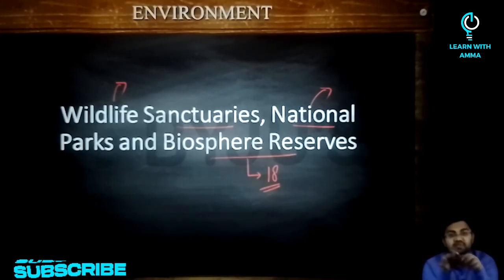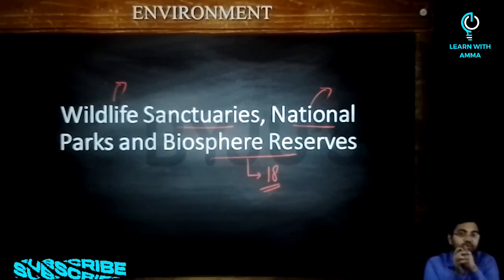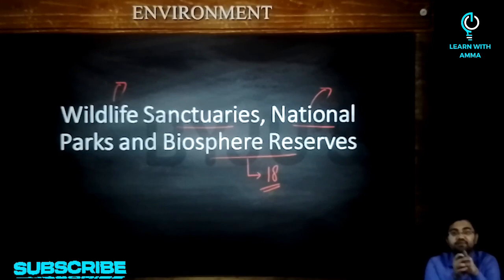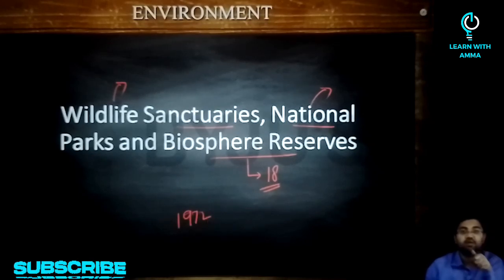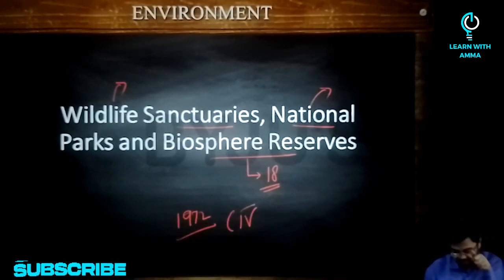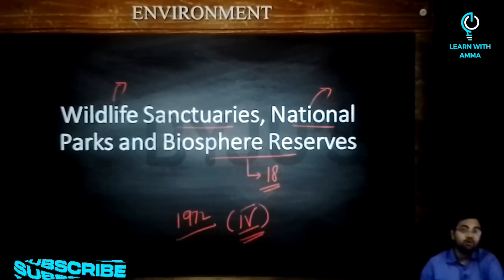So that's why only some restricted human activities are allowed in the sanctuaries, and this basically happens according to the Wildlife Protection Act of 1972, and specifically it is chapter number 4 there.